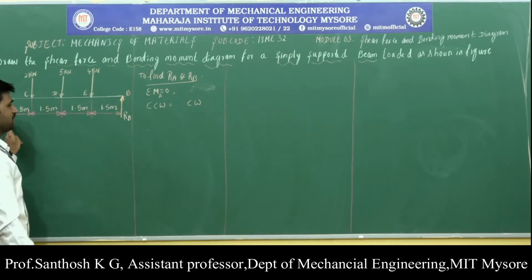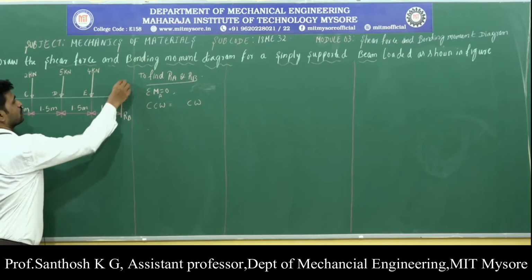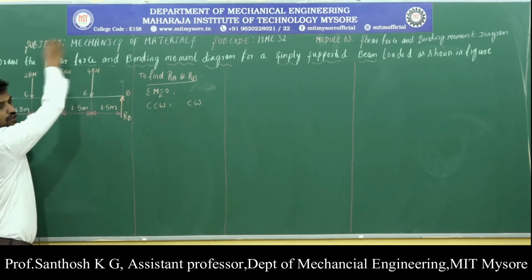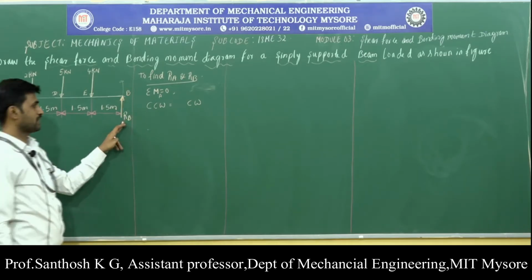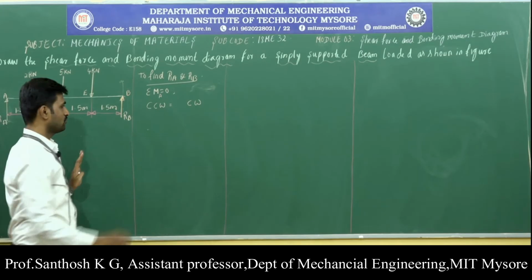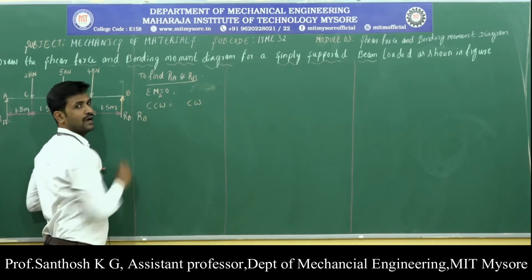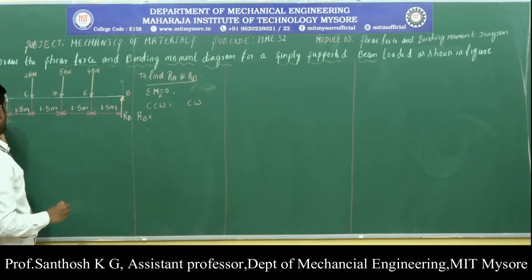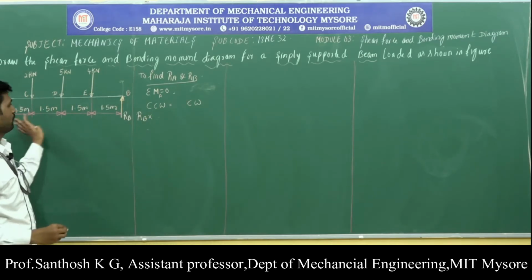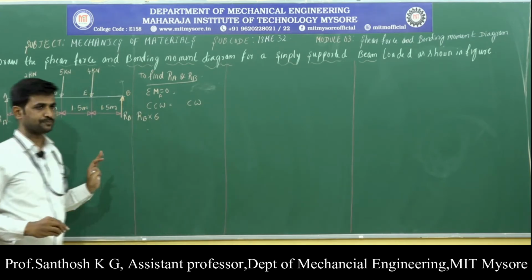So RB into 6 is going to create a moment which is going to rotate the beam in counterclockwise direction. So the moment due to the reaction B is counterclockwise, and the magnitude of that moment will be RB into the distance of B from A, which is 4 times 1.5, that is 6.